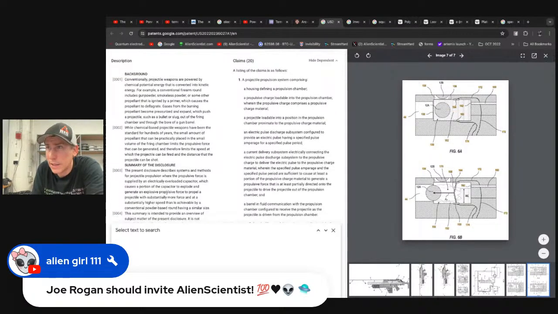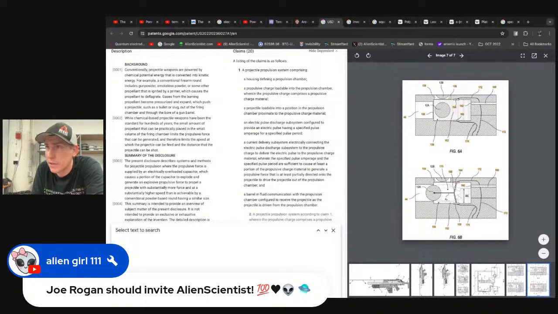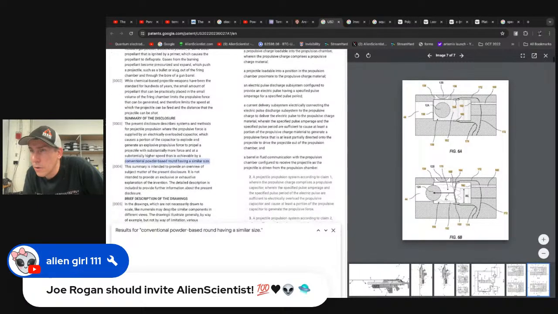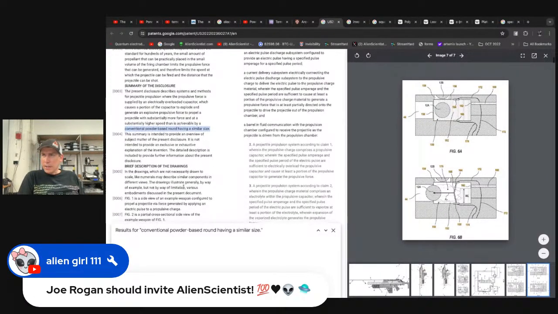The present disclosure describes systems and methods for projectile propulsion where the propulsive force is supplied by an electrically overloaded capacitor, which causes a portion of the capacitor to explode and generate an explosive propulsive force to propel a projectile with substantially more force and at a substantially higher speed than is achievable by a conventional powder-based round having a similar size. So blowing up capacitors instead of blowing gunpowder up in your chamber is I guess what they're doing.